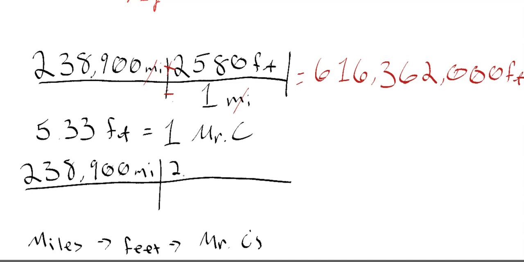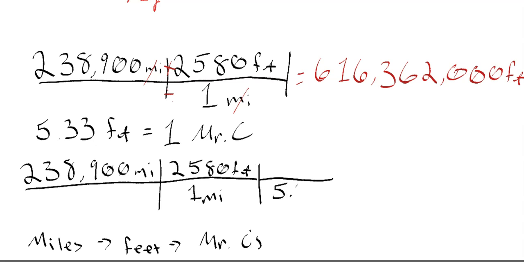Conversion factor here is 2,580 feet in 1 mile. And then we can add another conversion factor to our dimensional analysis machine. So add another section to the dam. Now we're going to put feet on the bottom because we want that to cancel out. Planning, got to plan ahead.